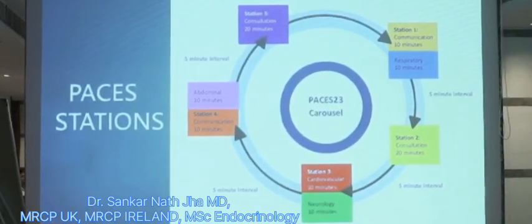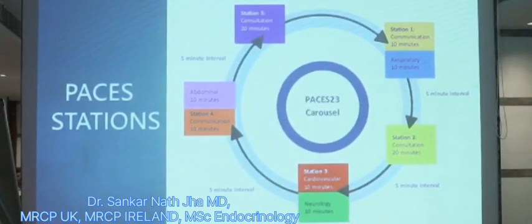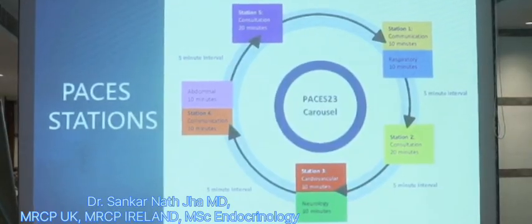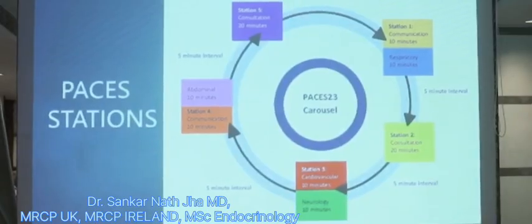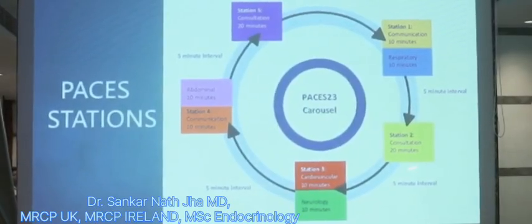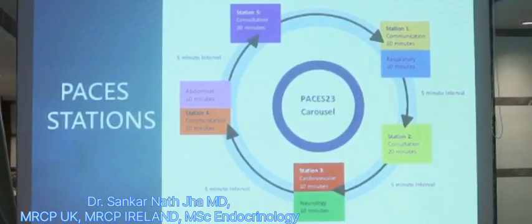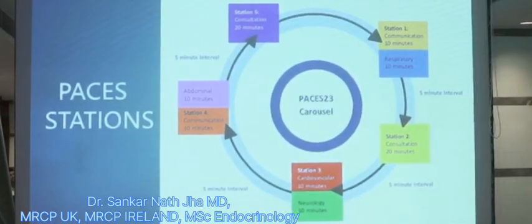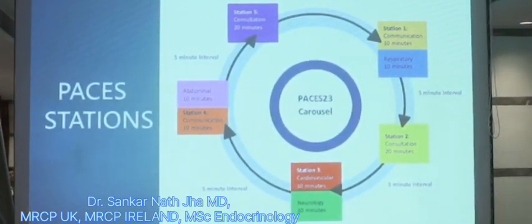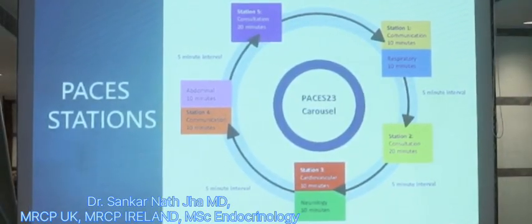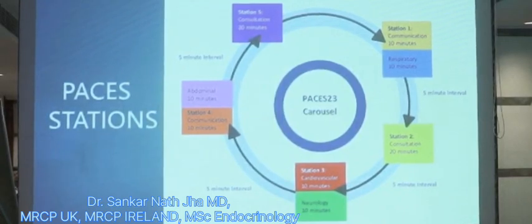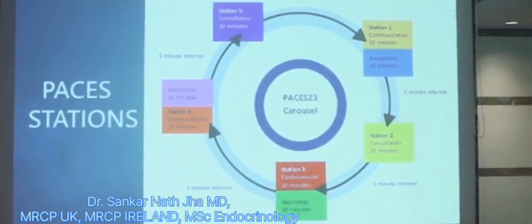Dizziness can be due to cardiology, due to drugs, or due to a neurological problem. So you have to examine the relevant part within 15 minutes and 5 minutes per question answer. There will be one candidate and 2 examiners for each station. So you will examine and 4 eyes will be watching you.